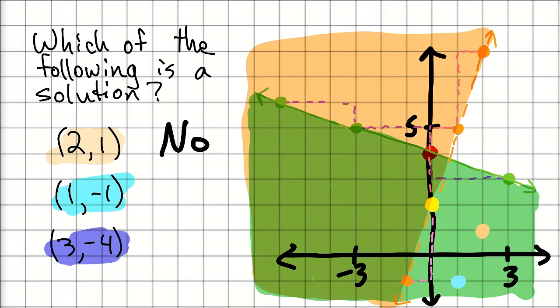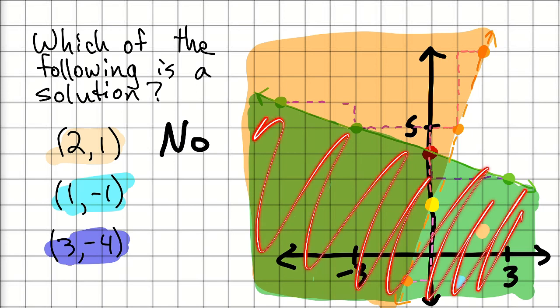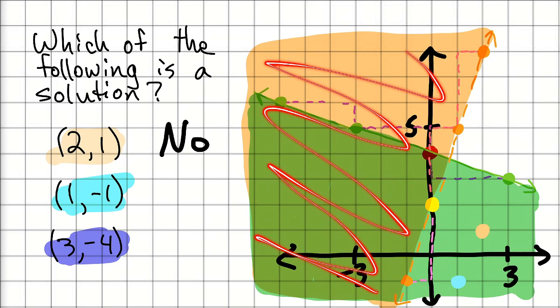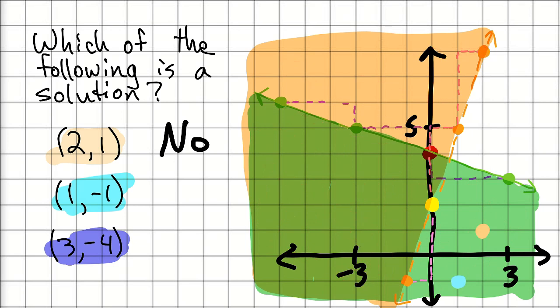And again, that is part of the green solution. It's not part of the orange solution. So that is also not part of the solution for the system. The last one there, (3, -4). Well, that's going to be down there, also not part of the solution. So no. All right, so can someone name one that will be part of the solution?